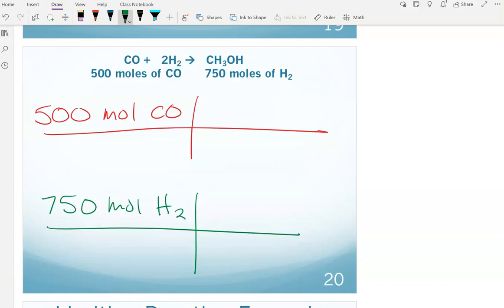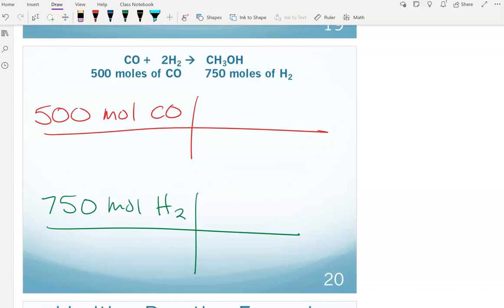So we have two picket fences, one for each reactant that we were given. And we're going to convert both of these reactants into the same product. And for this question, there is only one product for us to convert into.